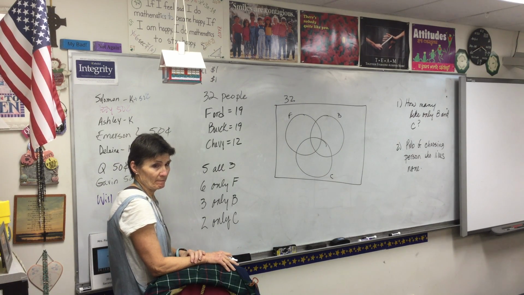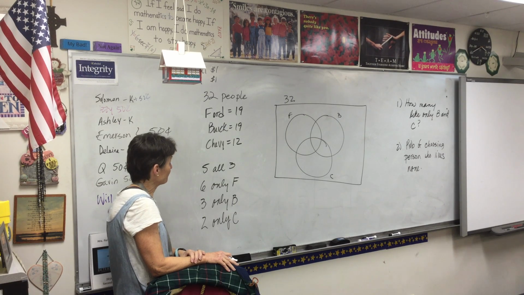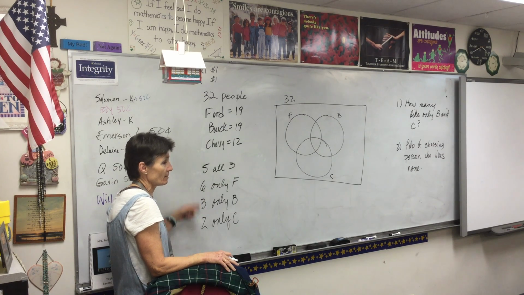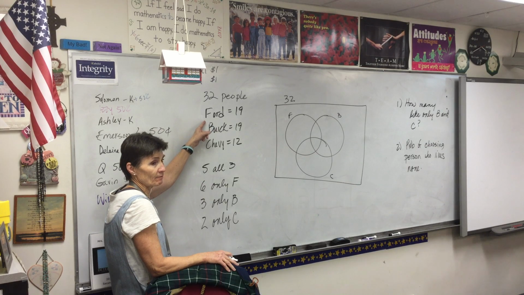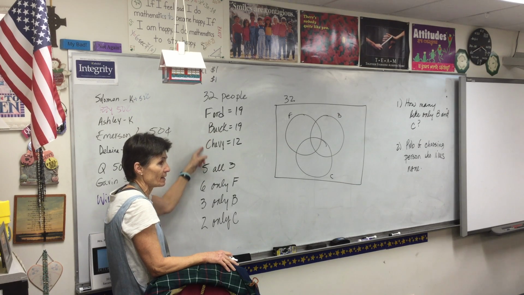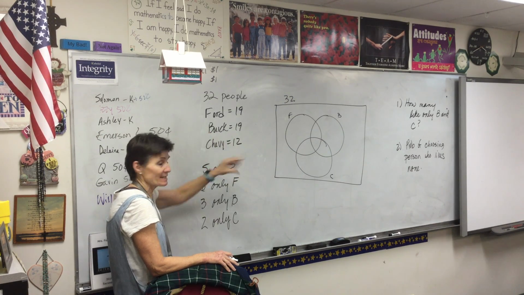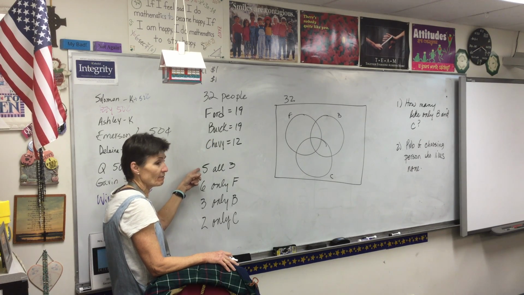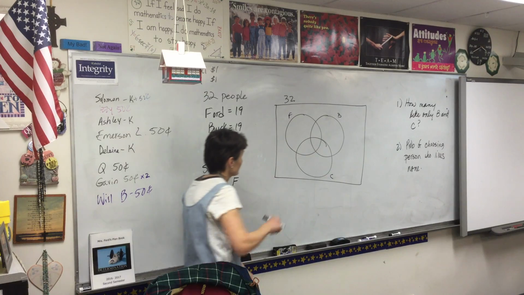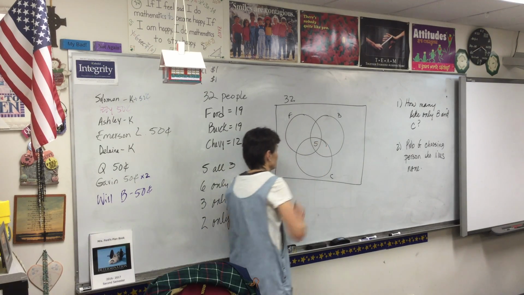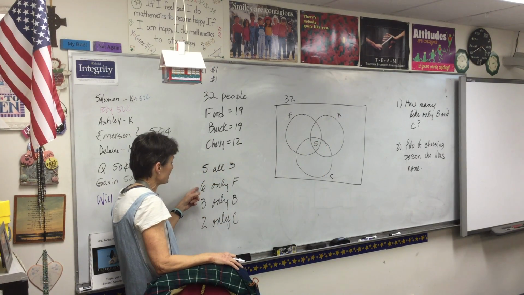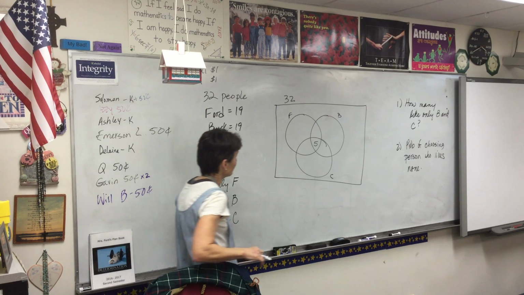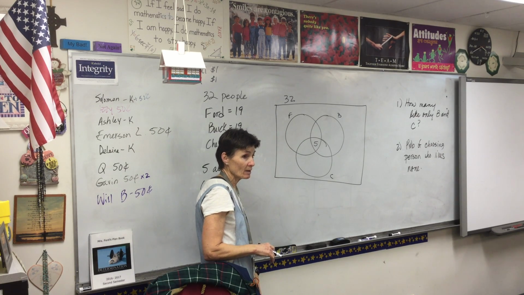Okay, everybody with me? So we can fill in all this right here. Do not fill in these numbers. You can't, right? Those don't go in the Venn diagram, at least not directly. You don't put a 19 in there somewhere. But these do. 5 like all 3. 6 like only F. So does everybody know where that goes?